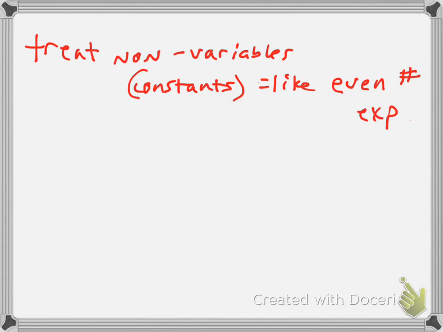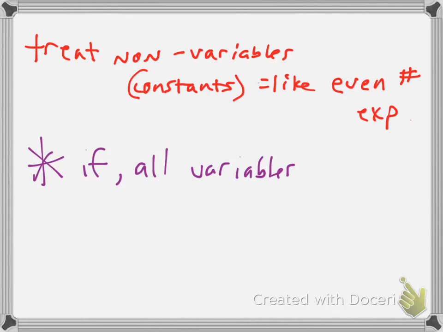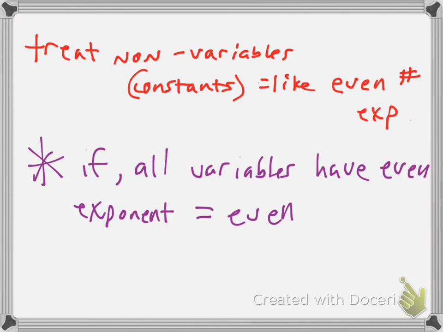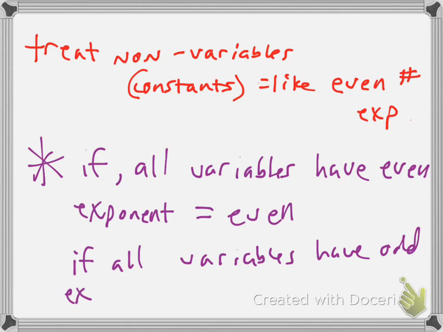And that allows us to do this rule. So put a big asterisk here. If all variables have even exponents, then it's even. If all variables have odd exponents, then it's odd.